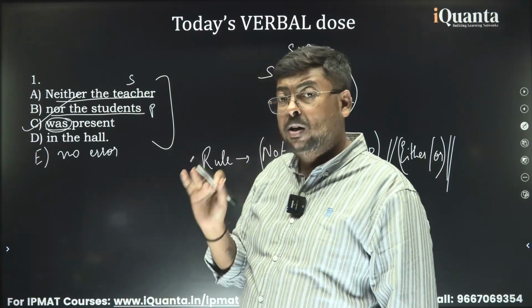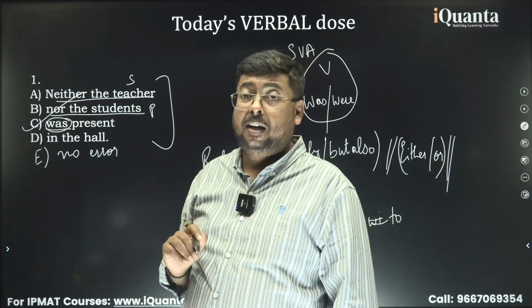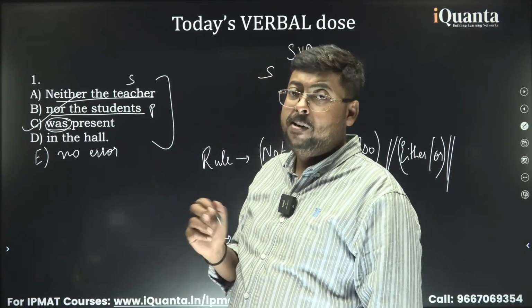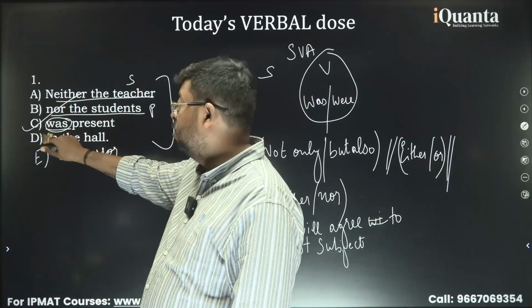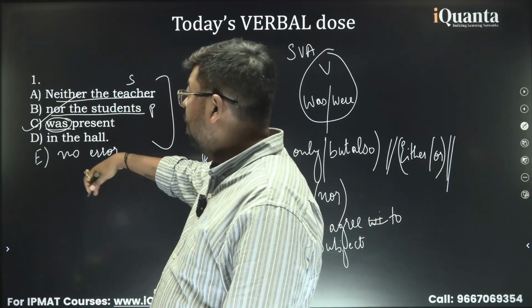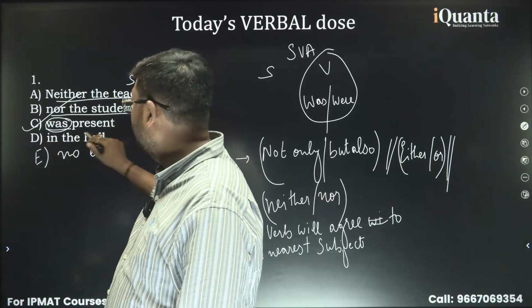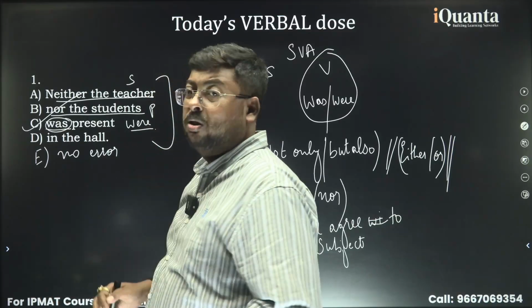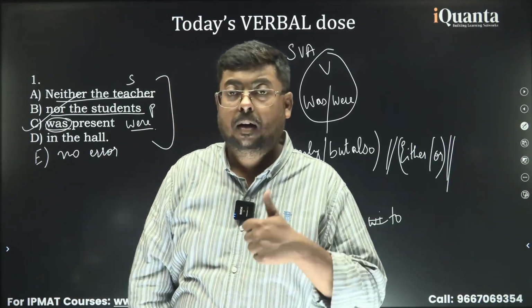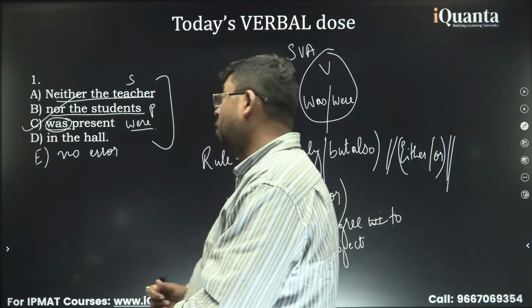Because if I know what is the answer, I would be justified. I would be sure what am I doing. So out here, I knew that C part was wrong because was wrong out here, and therefore, as per students, it should have been were present. So this time, I'm accurate. Am I clear with this? Let's go to the next question.